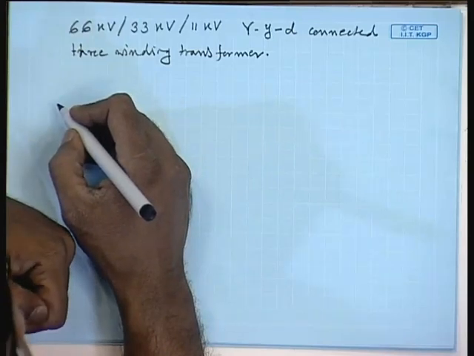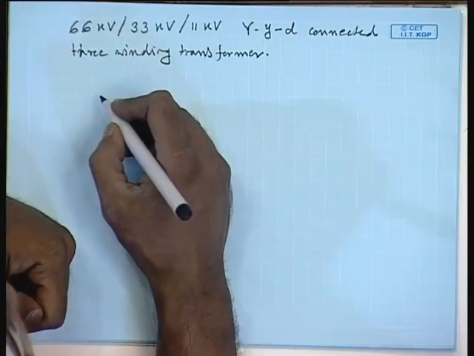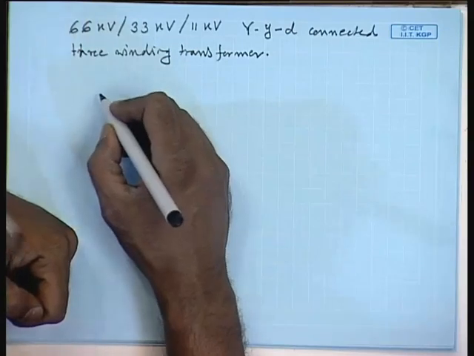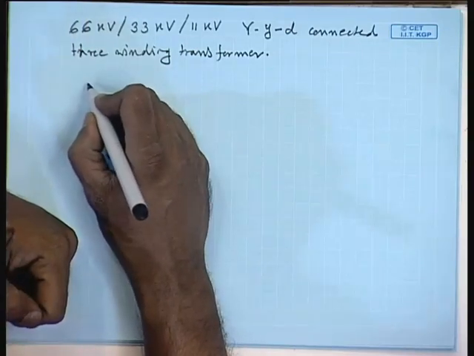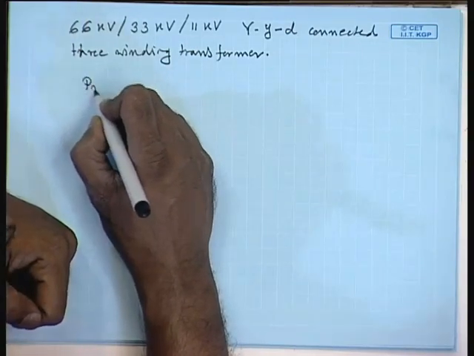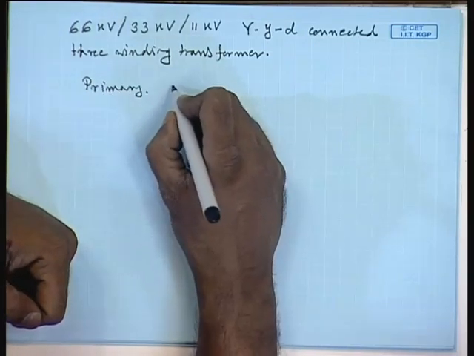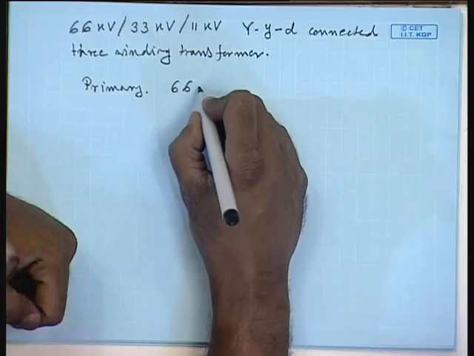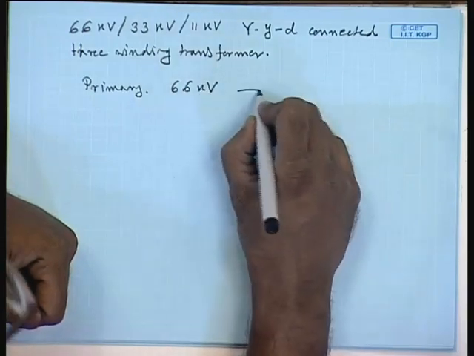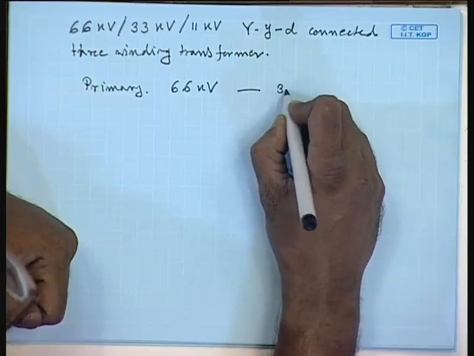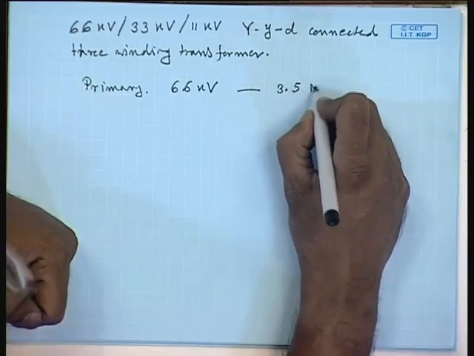Then the winding voltage and KVA ratings are as follows. The HV winding, or the primary winding, is 66 kV and its KVA rating is 3.5 MVA.